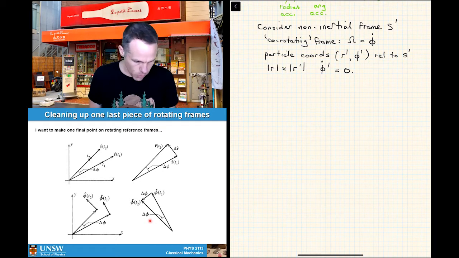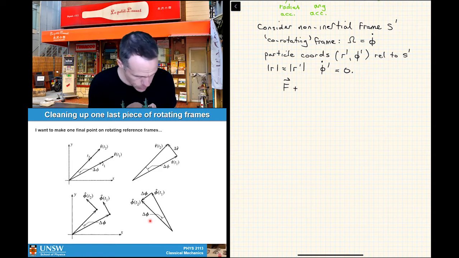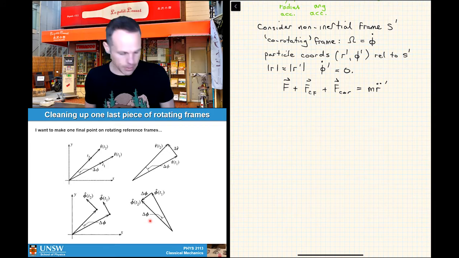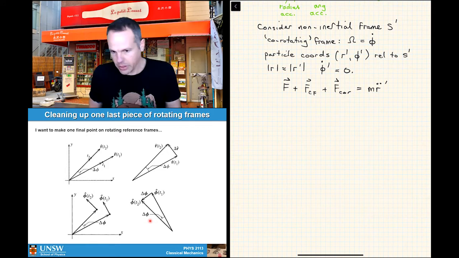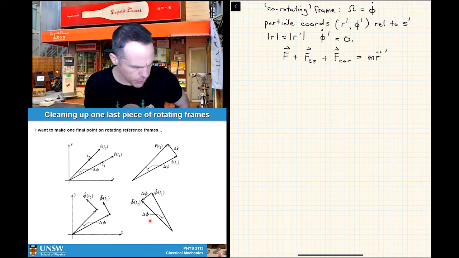Now I'm doing it for the co-rotating frame, okay? So what we would have here now is F, and we add our two fictitious forces. So we would have our centrifugal force and our Coriolis force. And these will give you m r double dot dash, okay? Which is just the acceleration of the object in that co-rotating frame.